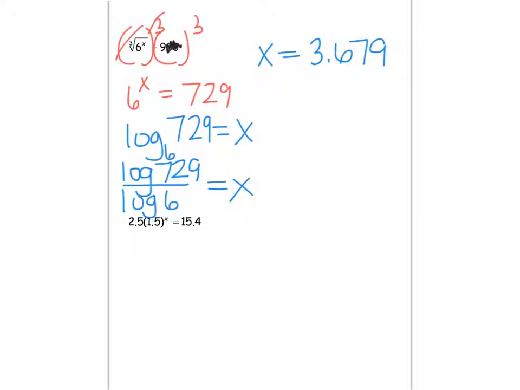Okay, and one final one. When we get into our word problems for our level 2s, we're going to start seeing our good old format a times b to the power of x again. And so it's good that we start working with the order of operations now. If we see something that has an a, like that 2.5, it's important to remember that you have to divide that first.